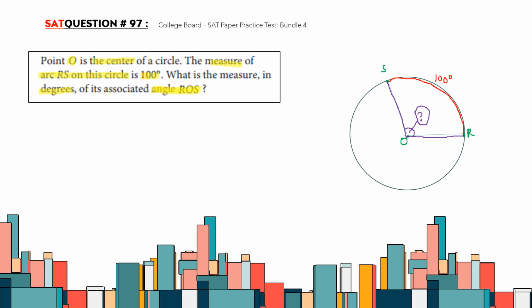We know that OR is equal to OS, because they are radii. So the 100 is the same as the arc measurement. That question mark is the same as the arc measurement. So the answer to this question is 100 degrees.